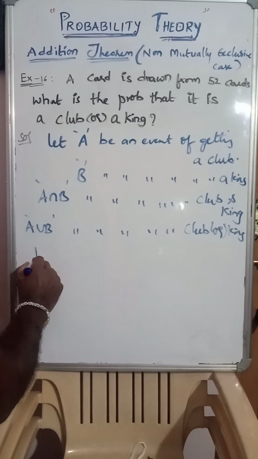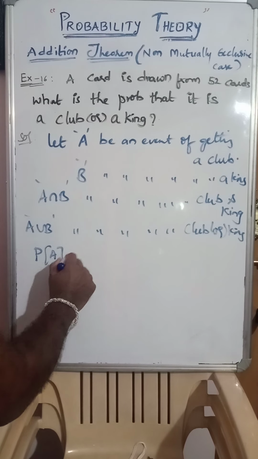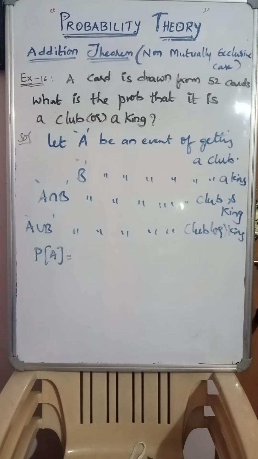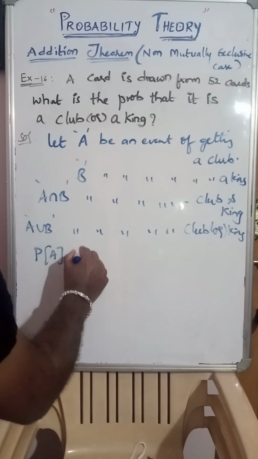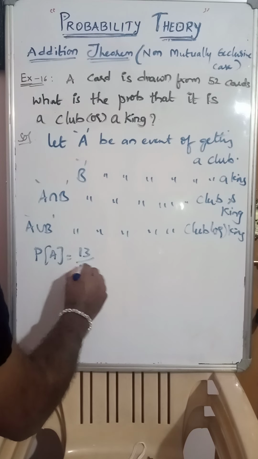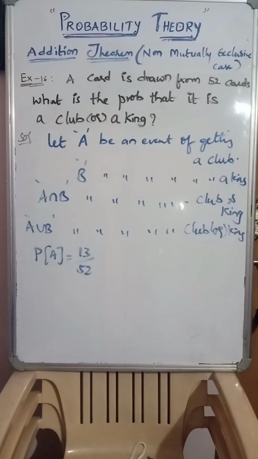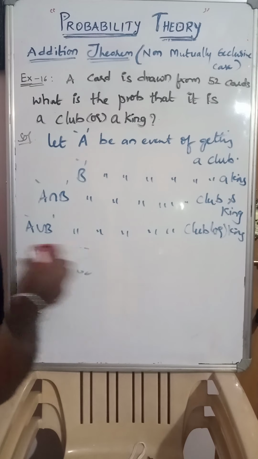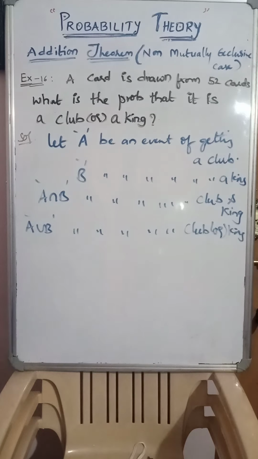Just write down. P of A, getting a club card. Club cards how many will be there? 13. So here club cards will be 13.